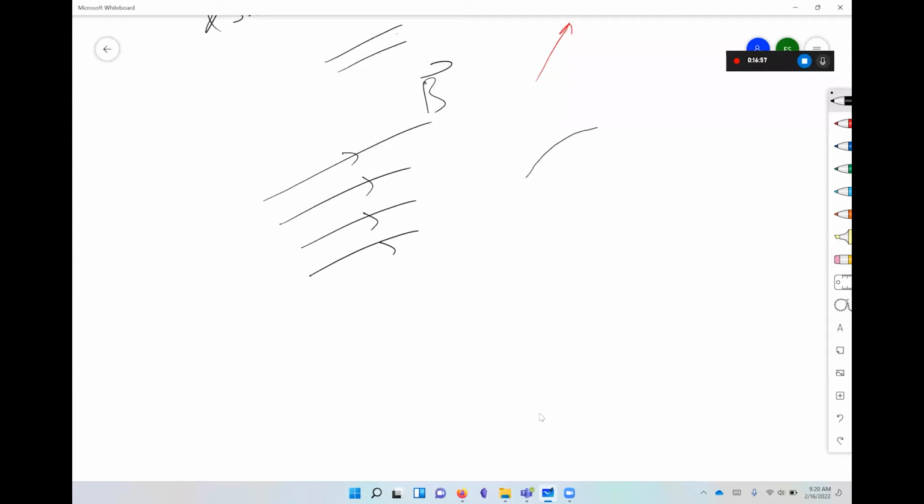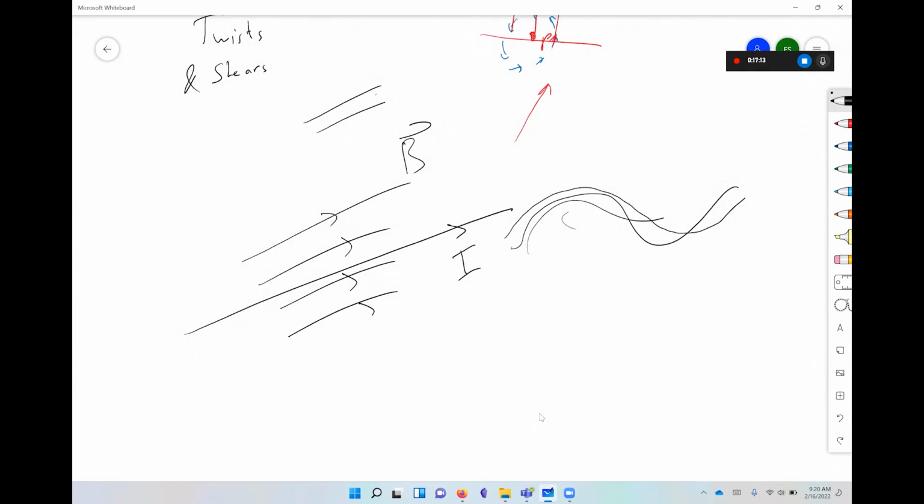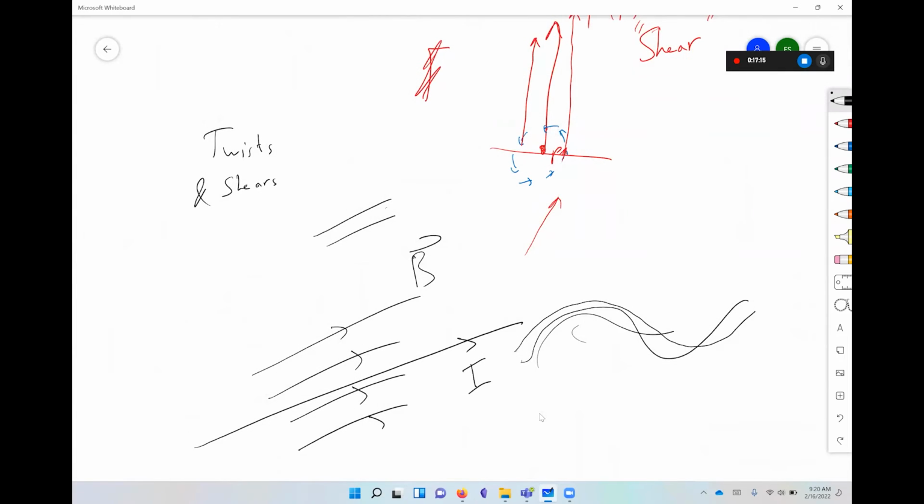So the field lines twist like that, twist like a braided hair. And what induces that sort of twist? If you have an electrical current flowing. So I'm just tying this back to the physics. At this point, we are just doing the mathematics of it. But this is how I would interpret the curl geometrically.